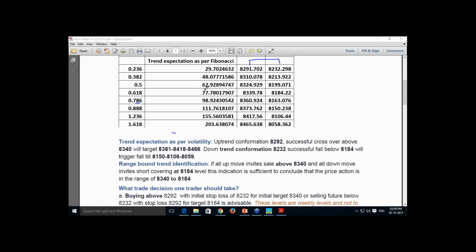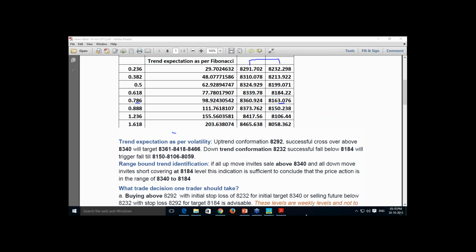If it is constantly closing above the 0.786 retracement level for a day or two, then you can say the trend is up. Similarly, if it is constantly closing beyond the 0.786 of the downtrend level, then you can say the trend is down. This is how you can estimate the trends as per the one standard deviation formula.